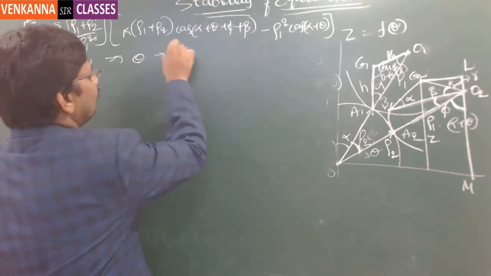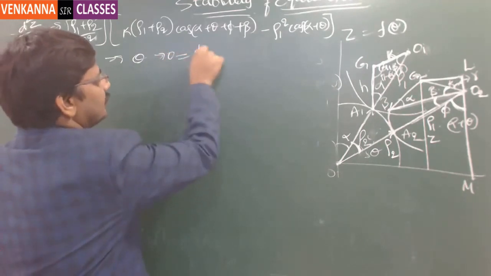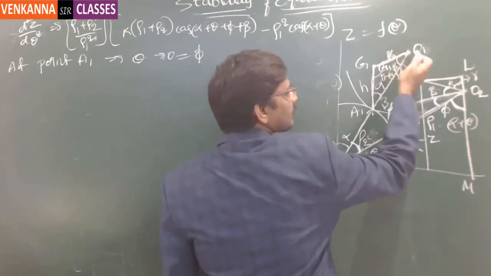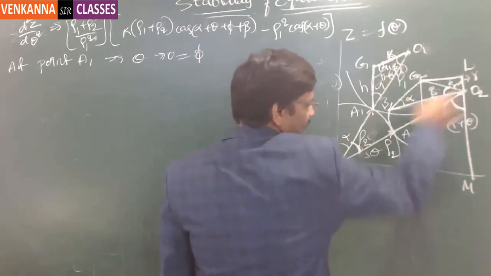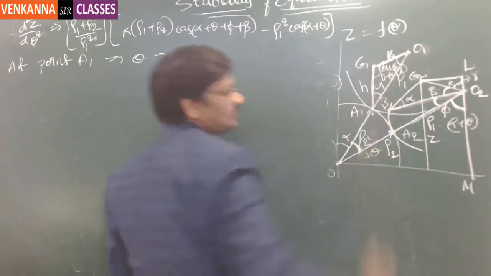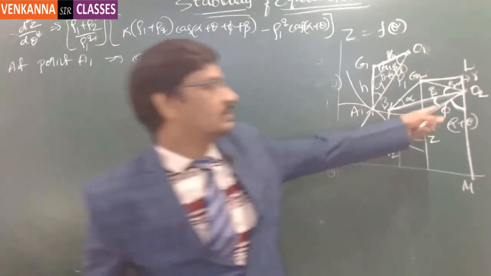And what is the angle for phi? Phi is equal to 0, because this is overlapped on this. So the angle between this line and this line is 0, obviously the angle between this line and the same line is going to be 0. So phi is also equal to 0.